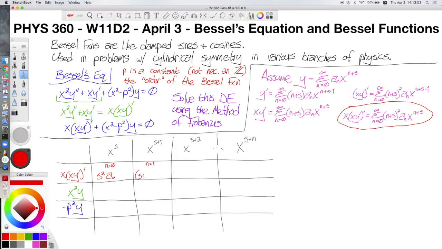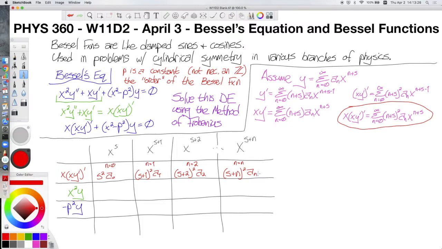So we end up with (s plus 1) quantity squared times a sub 1. And so on and so forth. For the next one, we get (s plus 2) quantity squared times a sub 2. And hopefully the pattern is kind of obvious by now. So the general term will just give us a coefficient of (s plus n) quantity squared times a sub n.